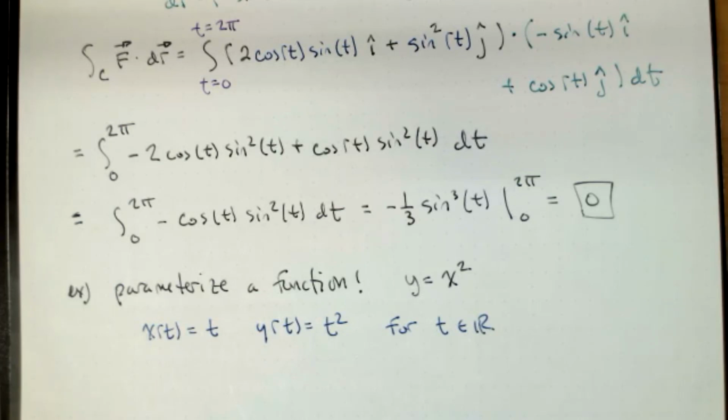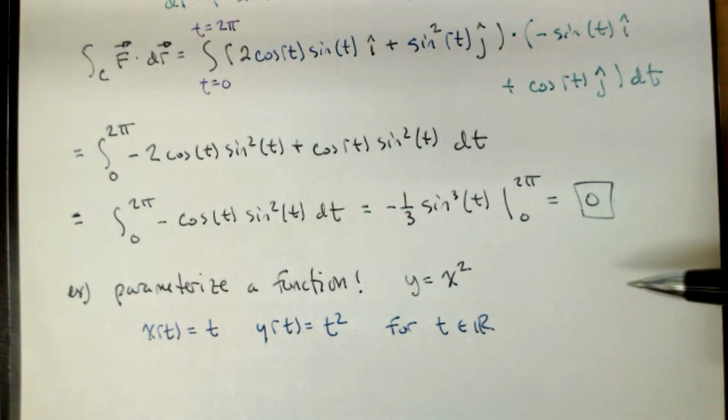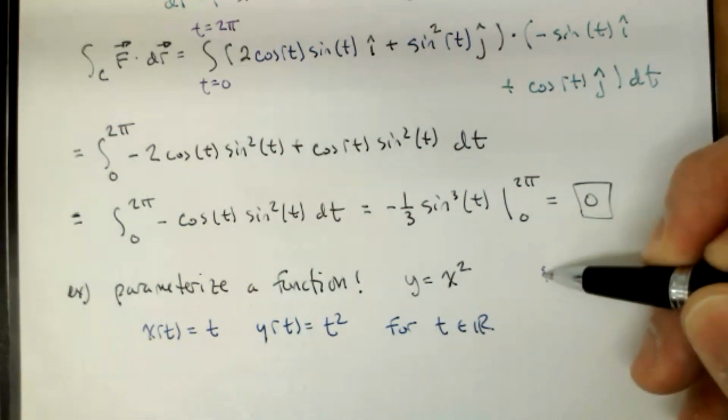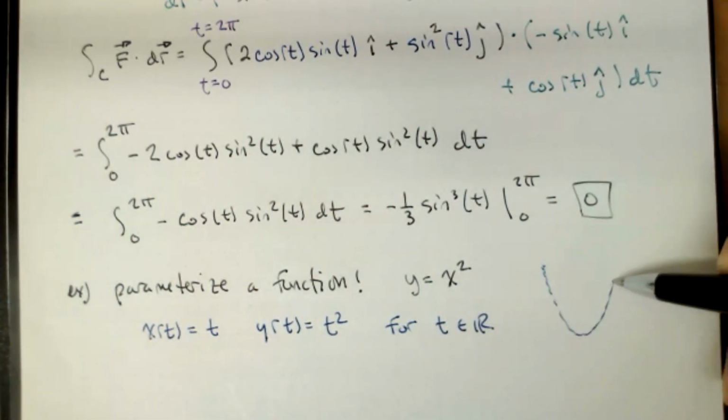One thing to note: when we parameterize a curve, we assign an orientation to the curve. We assign a direction to the curve. If I parameterize the curve y equals x squared, with x of t equals t and y of t equals t squared for t going from negative infinity to positive infinity, then I'm giving it a left to right orientation. So this parabola has the shape of a parabola.